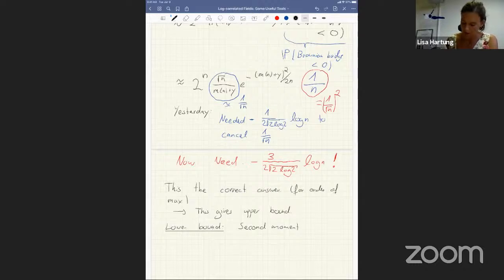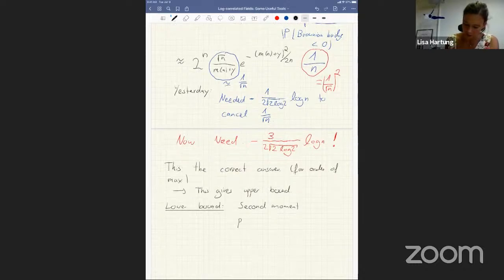So if you have this probability that Z is greater or equal, you have this object which is a sum over v in V_n.